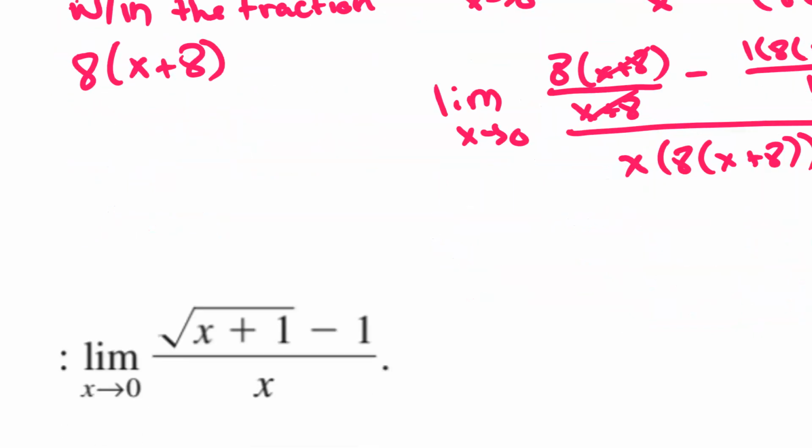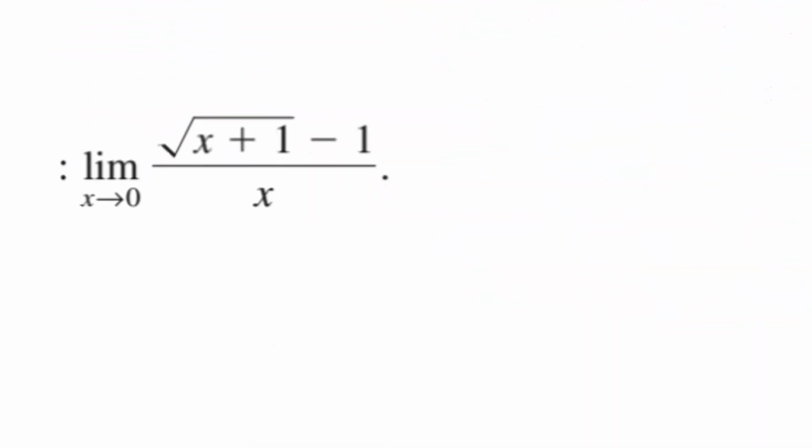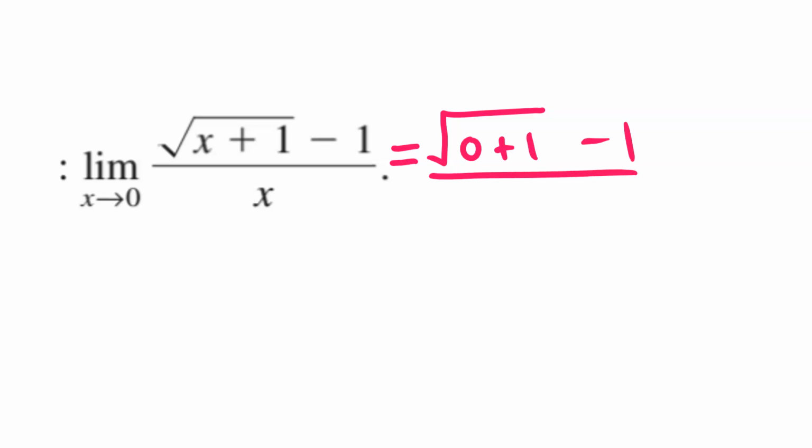All right, on to the next one. We try direct substitution. Zero over 0, which is indeterminate, so we have to play with it.